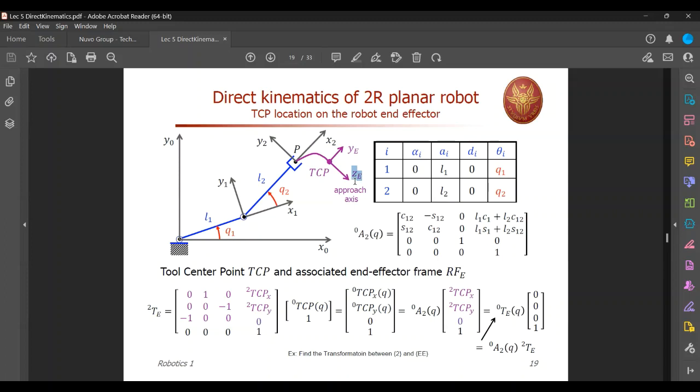But that is not all, right? So after that, what will happen? There's another rotation to align this coordinate frame with this coordinate frame.